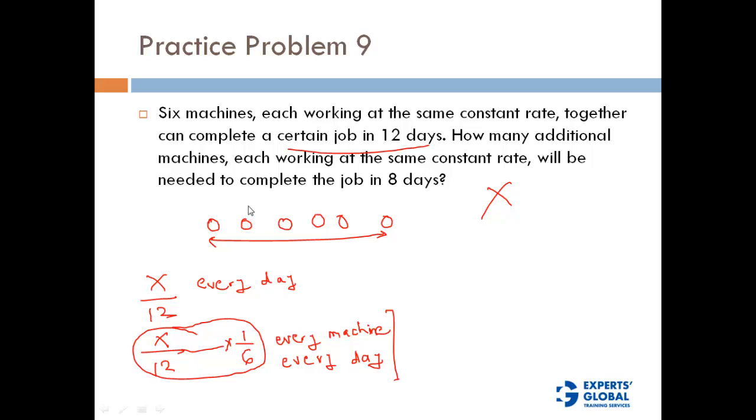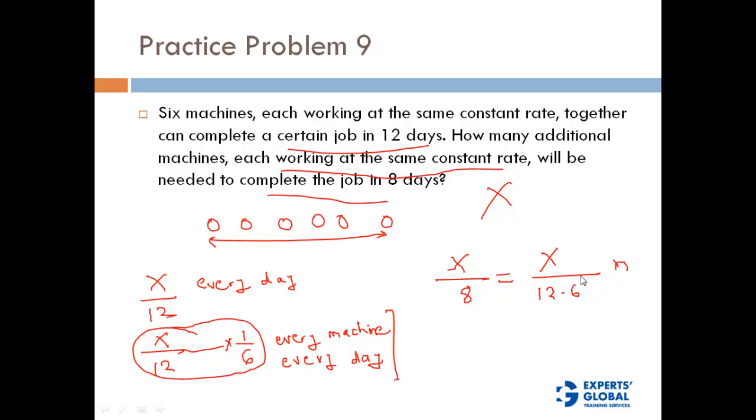Now, how many machines each working at the same constant rate will be needed to complete the job in 8 days? If you want to complete the job in 8 days, every day we need X by 8 of the job done. So how many machines will we use? We will need n machines.